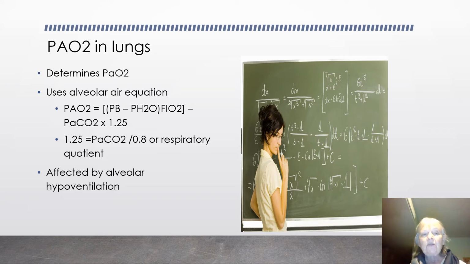Remember that 1.25 is your respiratory quotient. If you don't want to multiply by 1.25, you can always divide by 0.8, and it works beautifully. This also tells us a little bit, as you can see down here, that it's affected by alveolar hypoventilation. If your patient is not breathing, then we're going to have an issue because we're not going to be getting a lot of oxygen across.